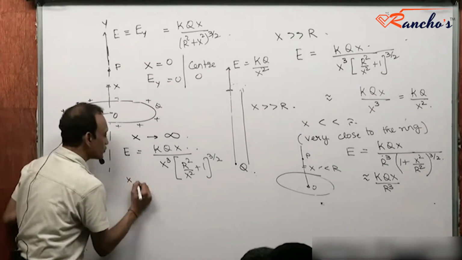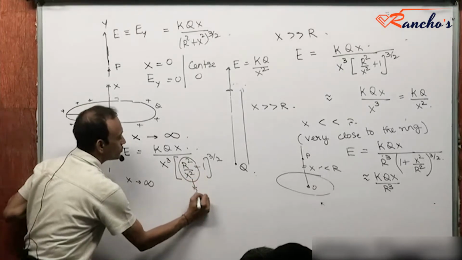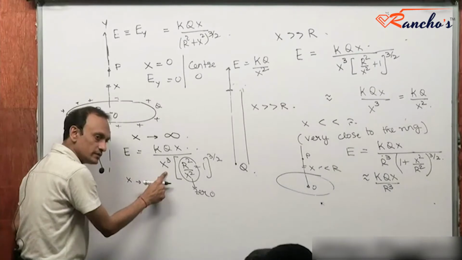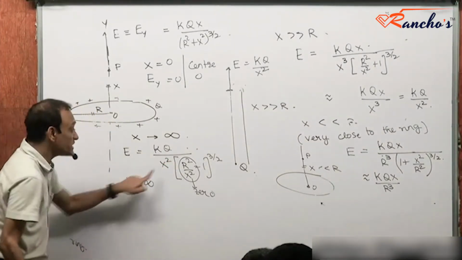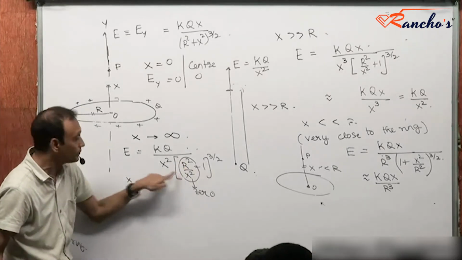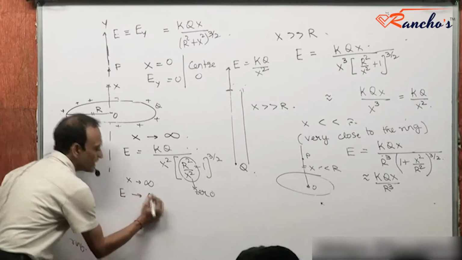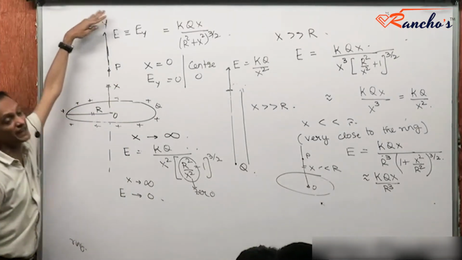Now as x tends to infinity, r squared by x squared will tend to 0. x by x cubed is like 1 by x squared. So as x tends to infinity, this tends to 1 and this tends to infinity. So E tends to 0. Yes or no? Very far away from the center of the ring, the electric field is going to be 0.